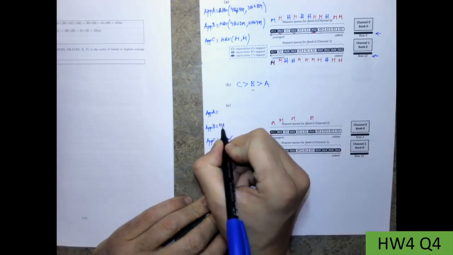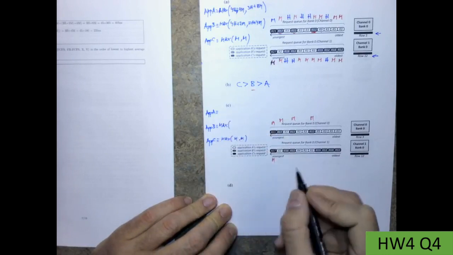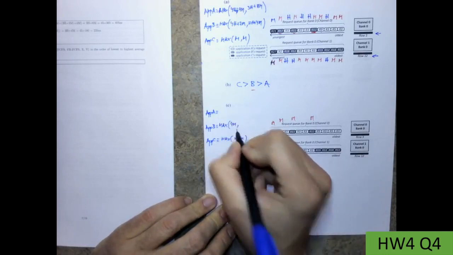So for application B in channel 0, we have to wait 4 misses.